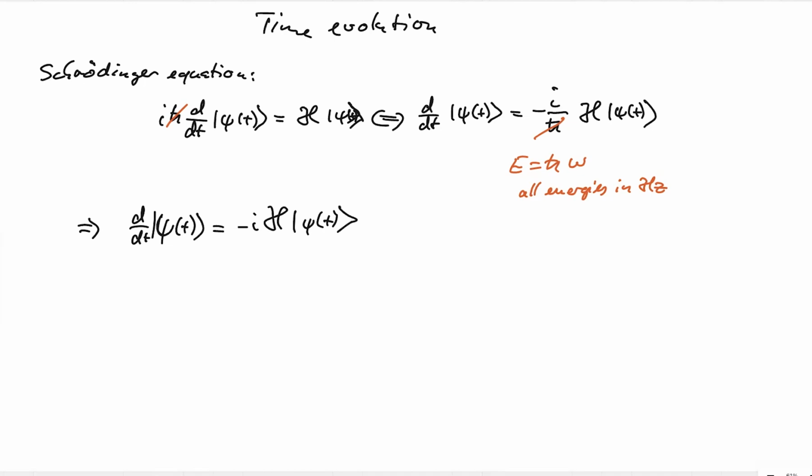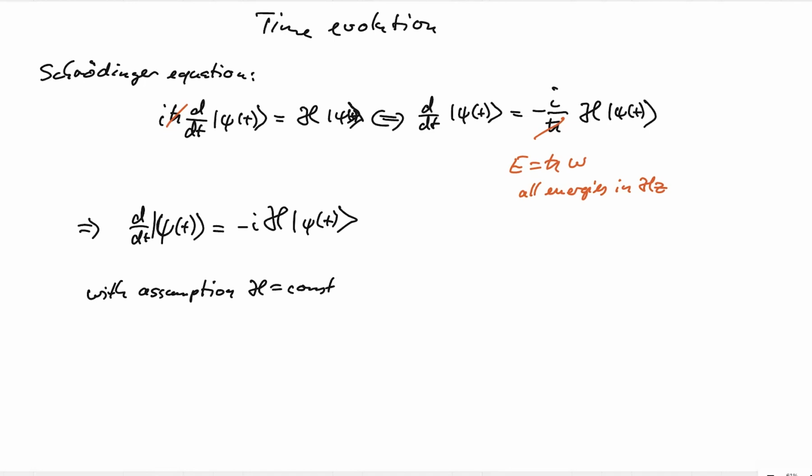Now if you want to solve this equation, then it's common to make the assumption that the Hamiltonian is piecewise constant, which means here in this case, the Hamiltonian is constant.